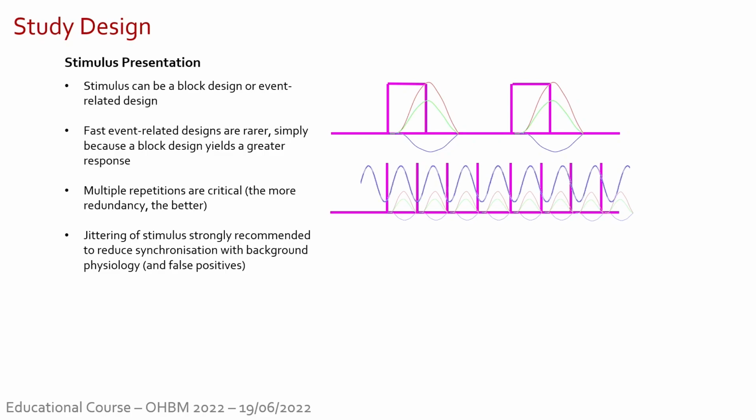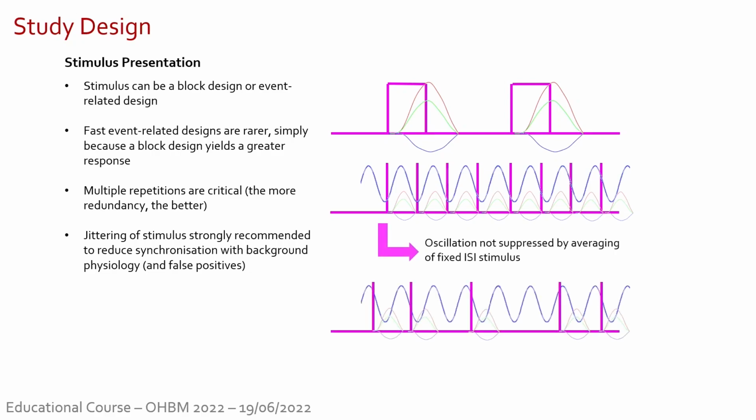Otherwise, respiration can be right in sync with the stimulus, and of course with your HRF, which makes it harder to filter out. If you do jittering, it's not always the same, so respiration won't be synchronized with the presentation of the stimuli, and therefore it won't be synchronized with your HRF.